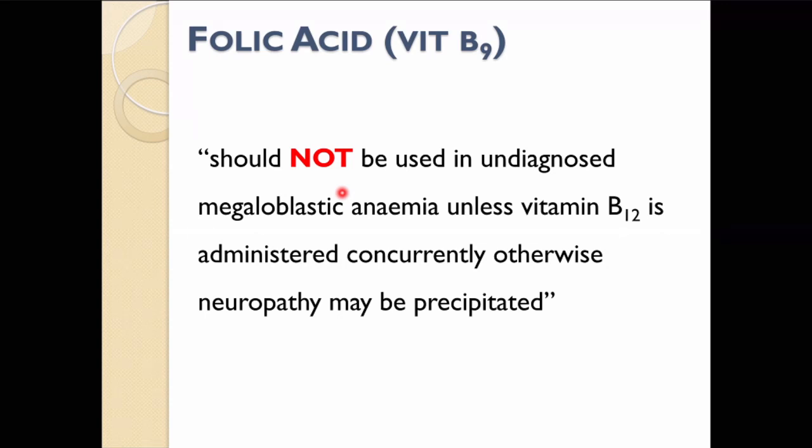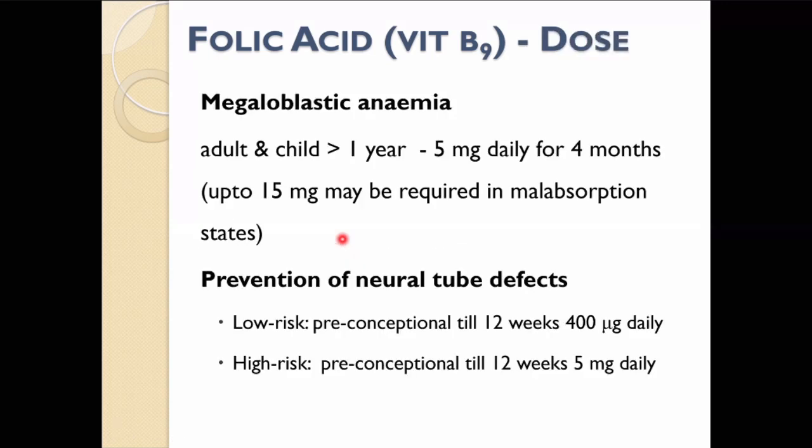If you give only folate to a patient who is deficient in both folate and B12, even the available B12 in the body will be used up. That will make their B12 deficiency worse and lead to precipitation of other problems like neuropathy and other complications of B12 deficiency. So it should not be used alone unless you know that the B12 levels are normal.